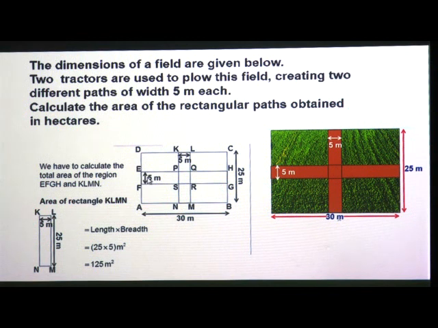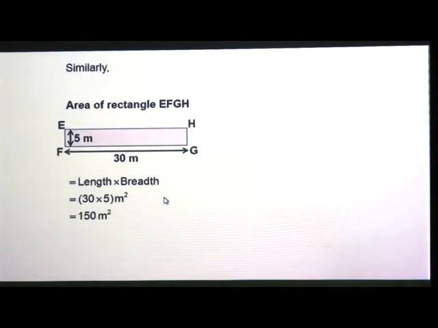So, the areas of the given paths, KLMN and EFGH, will be different. So, we will find the area of rectangle EFGH. I already explained it in the figure, again we have just taken it outside the path area, so it will be easier to understand.